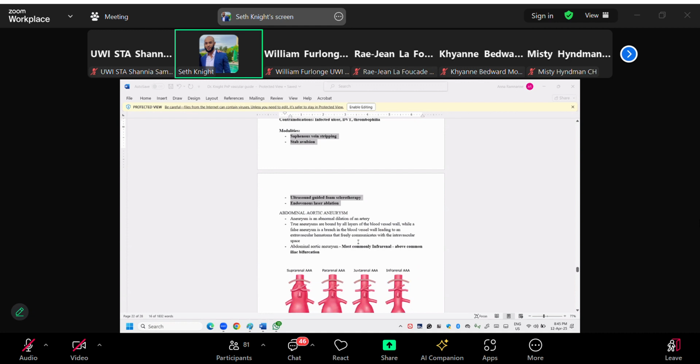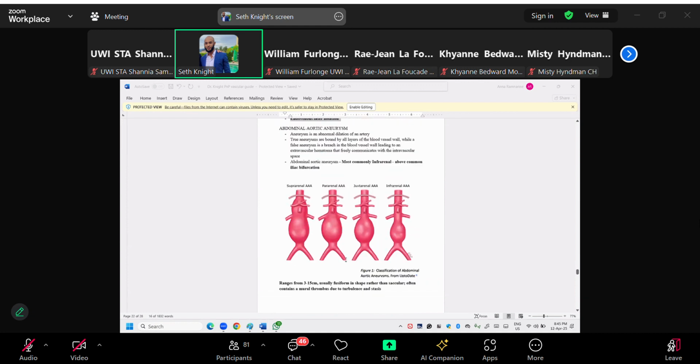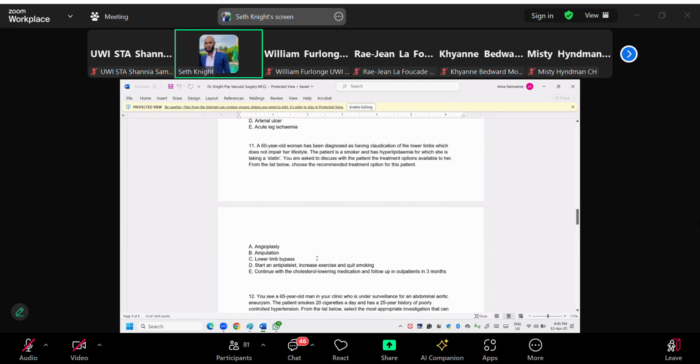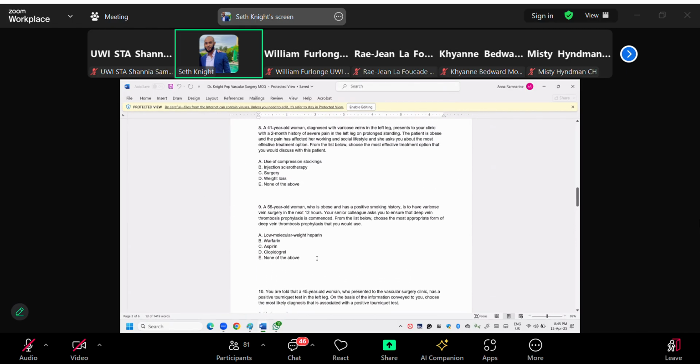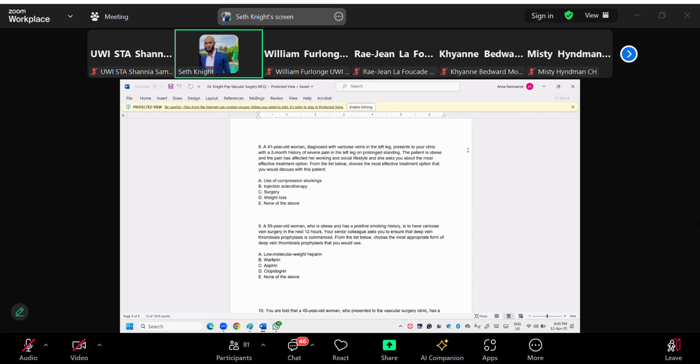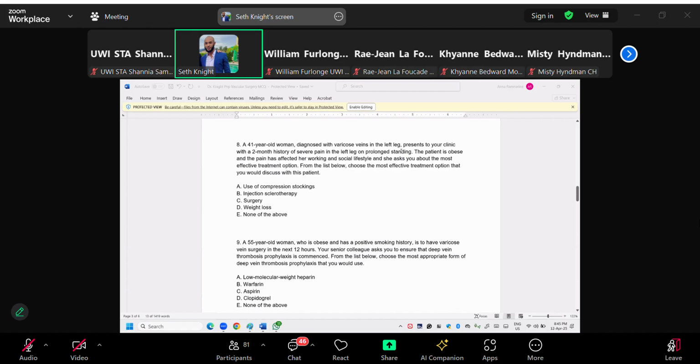So if no questions, let's go on to the MCQs, which are very easy, and they usually are where venous insufficiency is concerned. Right, so sclerotherapy is not surgery, all right?